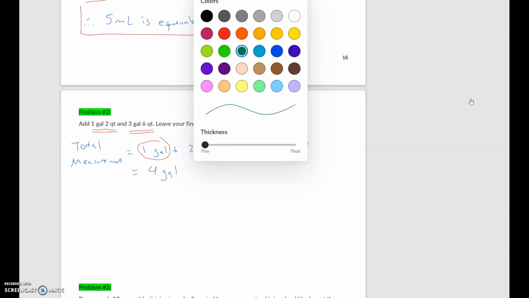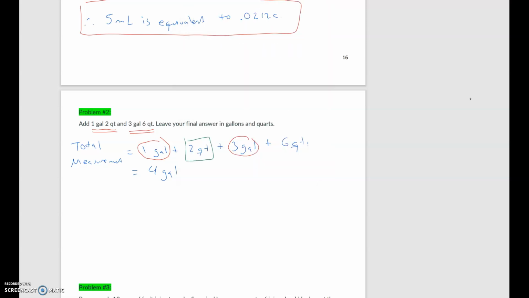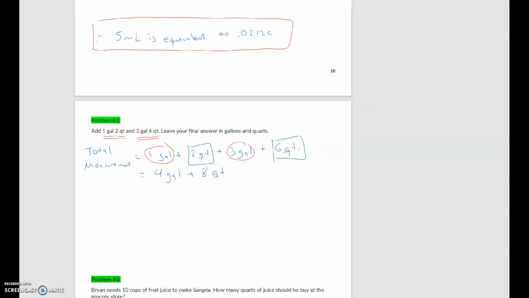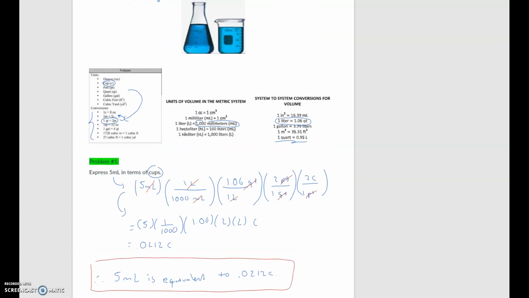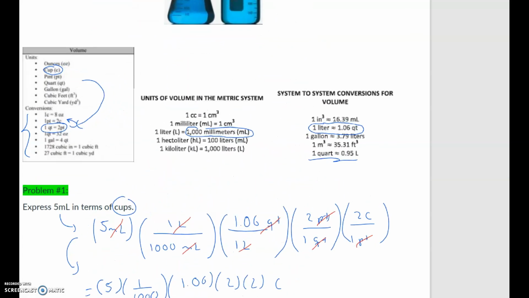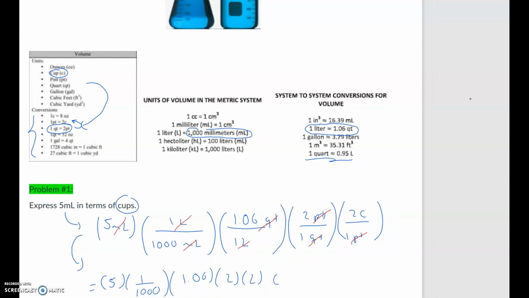And then as we add the proper units for the quarts, this is going to give us a total of plus 8 quarts. And then they want it in gallons and quarts. Let me go back to the units. And here, 4 quarts is 1 gallon.